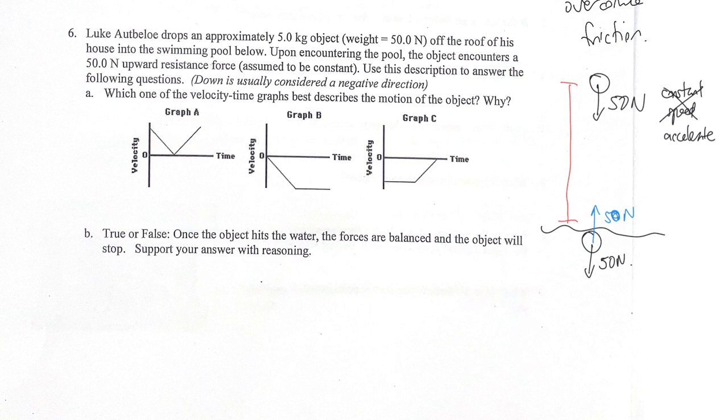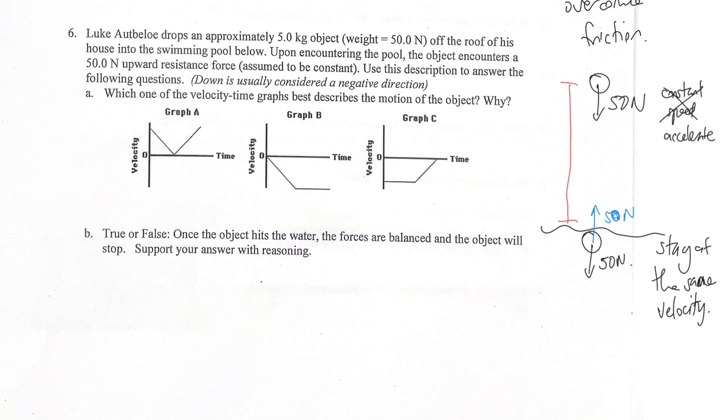So if it's pushed down 50 by gravity and pushed up 50, is it going to stay at the same what? Location? No. It's now got balanced forces acting on it, so it's going to stay at the same velocity.